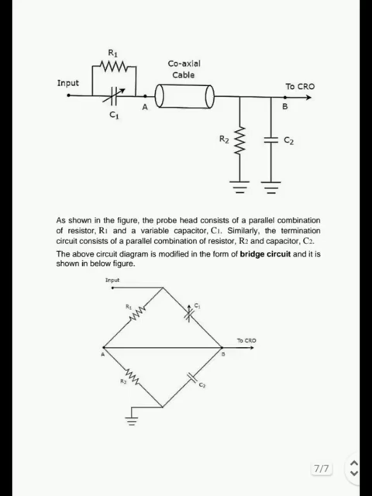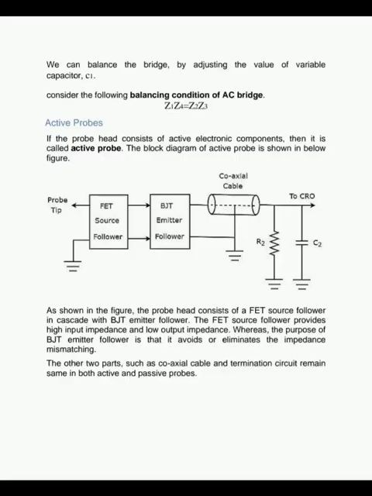Similarly, the termination circuit consists of a parallel combination of resistor R2 and capacitor C2. The above circuit diagram is modified in the form of a bridge circuit and it is shown in the figure. We can balance the bridge by adjusting the value of variable capacitor C1. Consider the following balancing condition of the AC bridge. This is the equation of the AC bridge: Z1 Z4 equals Z2 Z3.